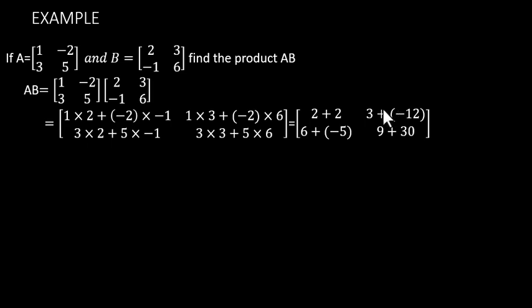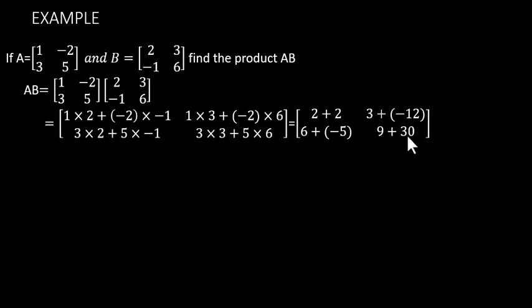Then 3 multiplied by 2, we get 6. Then 5 multiplied by negative 1, we get negative 5. Then 3 multiplied by 3, we get 9. Then 5 multiplied by 6, we get 30.